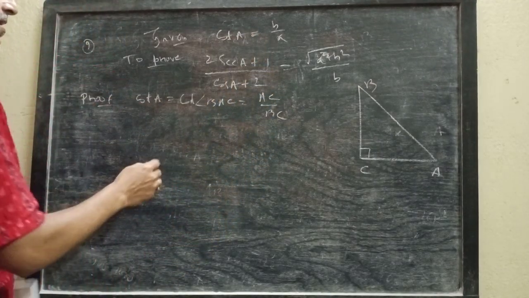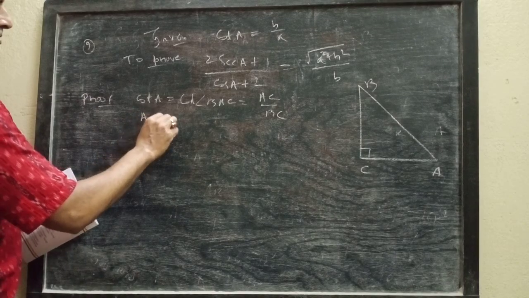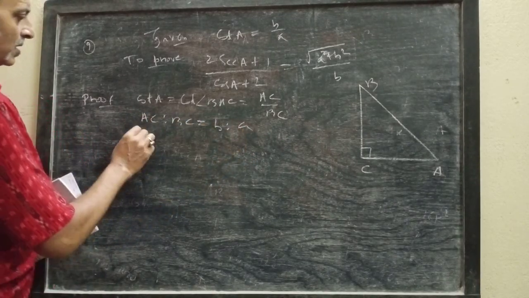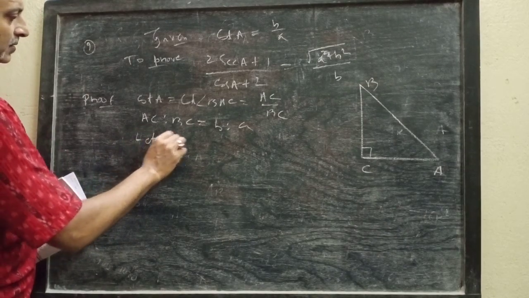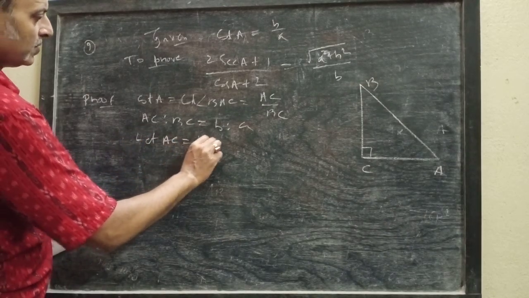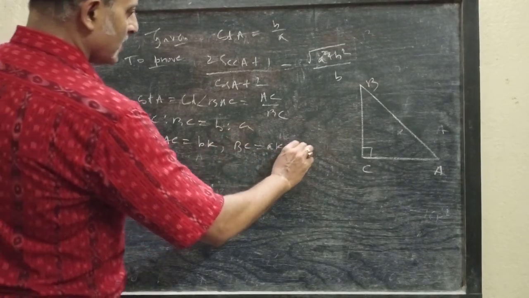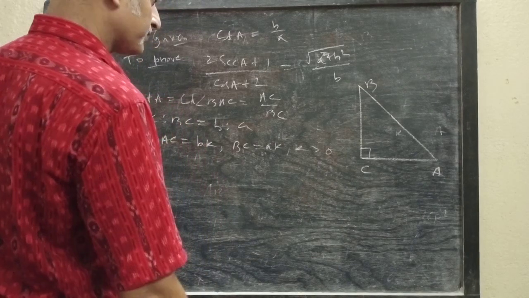And this is b by a. So you can write AC is to BC as b is to a. So let AC equal bK and BC equal aK. K is a positive constant.